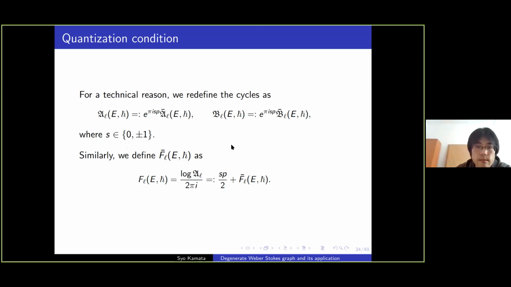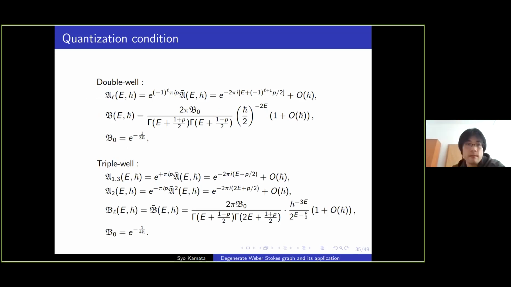Then, in this case, the A cycles A1, A2 can be written in this form. So A bar times, and if L equals 1 it is the left one, and if L equals 2 it is the right part of the cycle.